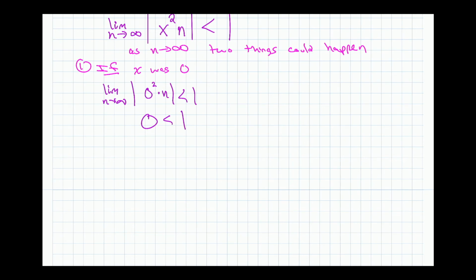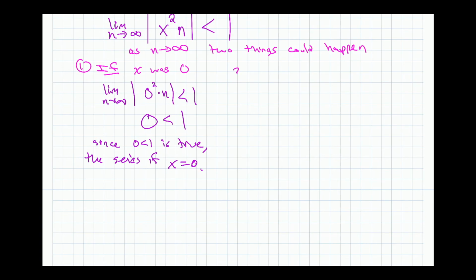And since 0 is less than 1, that would tell you that the series converged. Because that's true, right? 0 less than 1 is a true statement. The series converges if x is 0, right? Because that was what I assumed there.